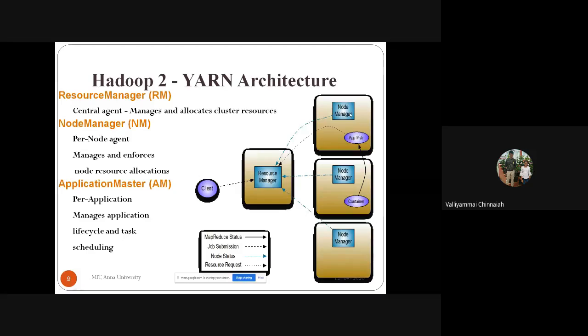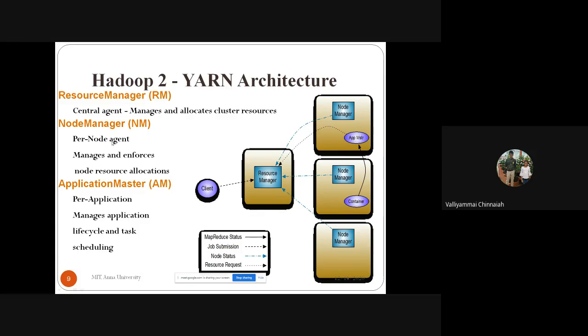It manages and enforces node resource allocations. Under the node manager there will be the name node and data node. The node manager runs on the name node. On the data node only the actual data will be there. The metadata will be stored in the name node.